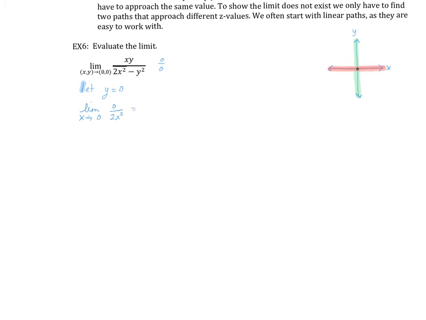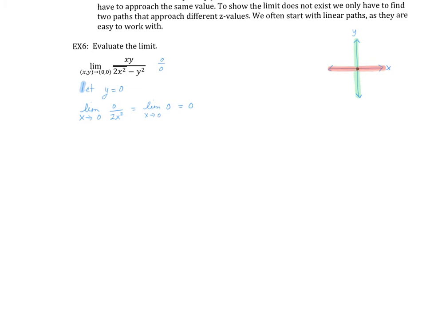So that's simply the limit as x goes to 0 of 0. And the limit of a constant is the constant. So I came in and approached the point 0, 0 on this horizontal path.